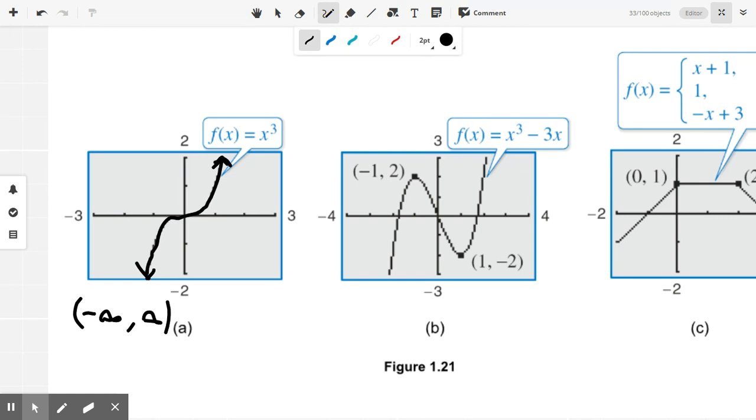Okay. Now this one, we can see that it starts here. This is going down, so it's going down forever. So it's coming from way down here, and it is increasing till it gets to that point right there. So what interval is that right there that it is increasing? All right, so we're going to write it as increasing, and where is it decreasing?